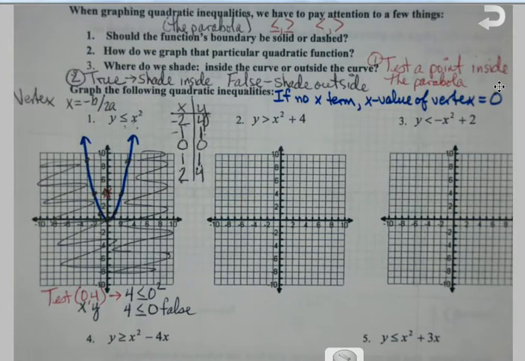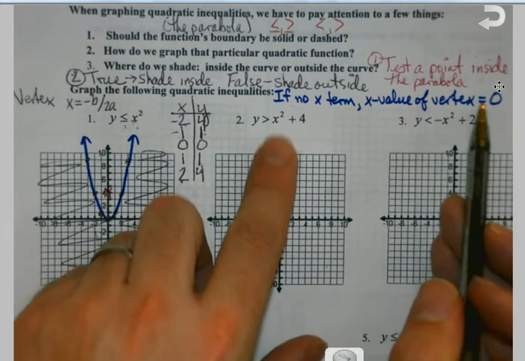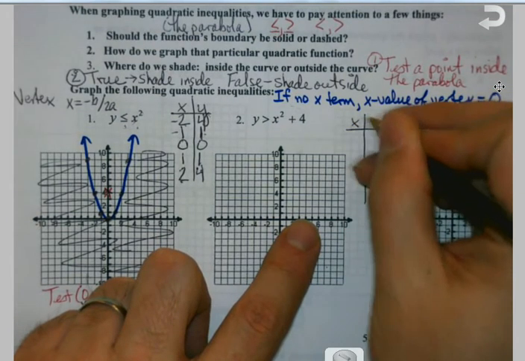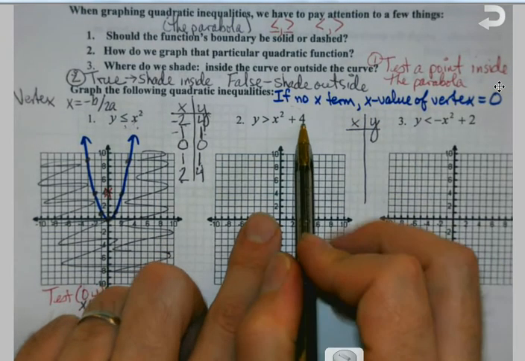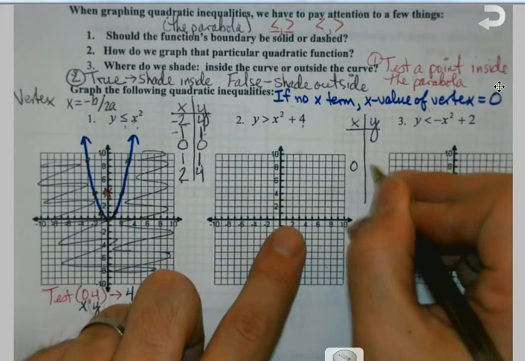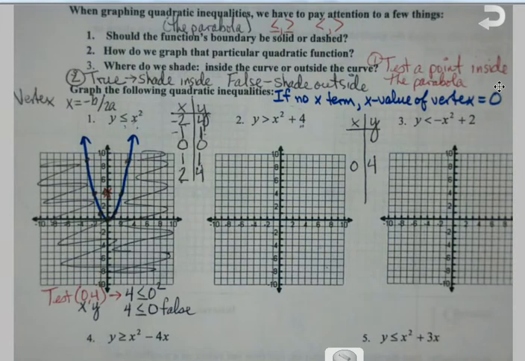So now, just reminding myself, if there's no x, the x value of my vertex is going to be 0. Since there's that +4 on the end, my vertex is going to be at 0, 4, because it would take my 0 and shift it up 4. Or I could plug 0 in and see what comes out for y. It would work the same way.